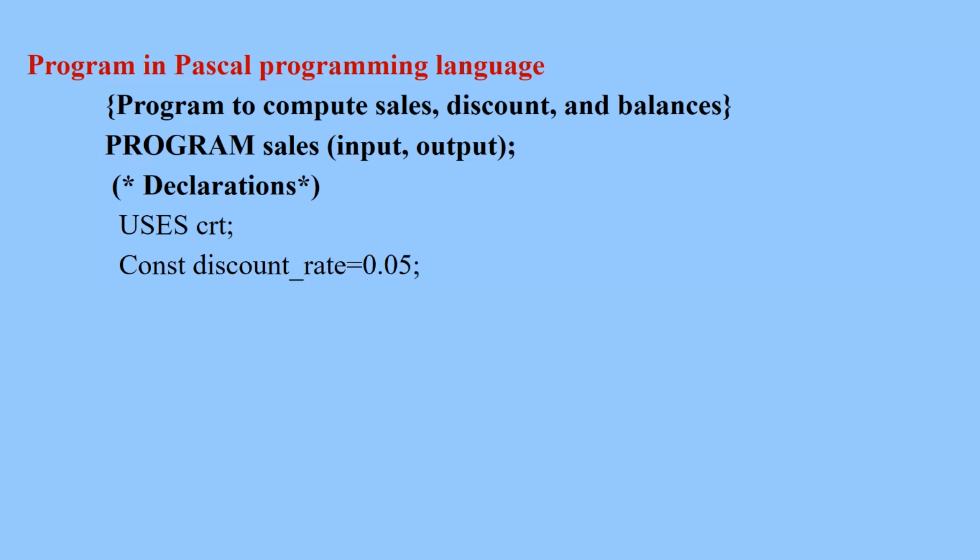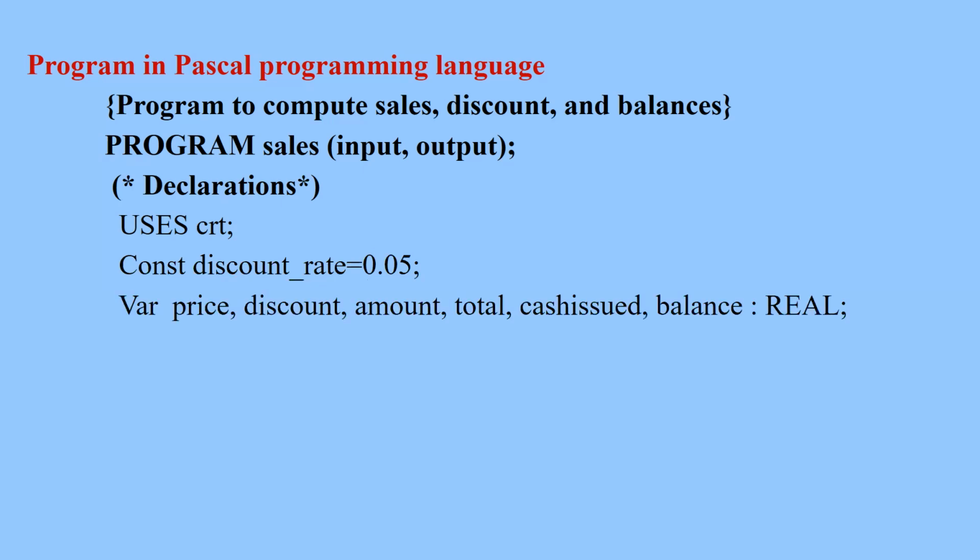And then we declare a memory location assigned to discount rate, which is going to hold a value 0.05. And then we declare variables, memory locations that are going to hold content which can change during program execution, and that content should accommodate a decimal point or fractional part.